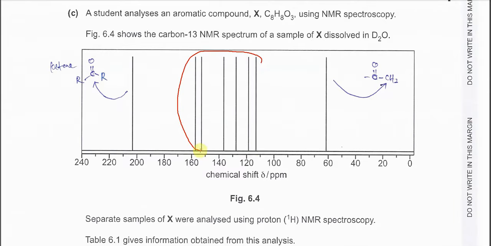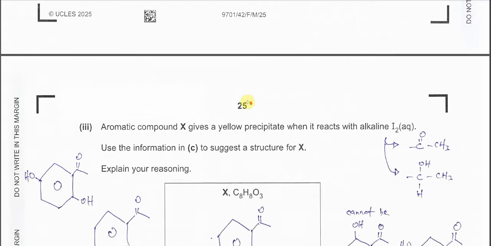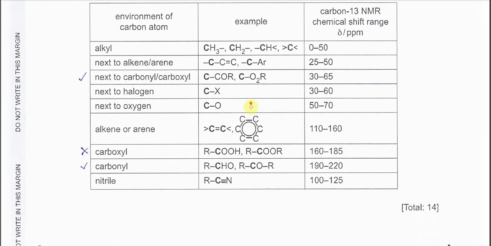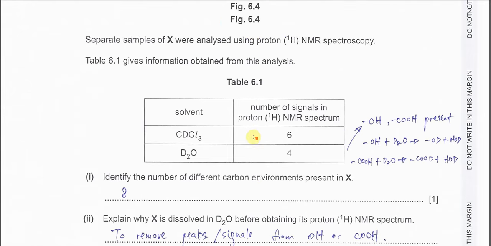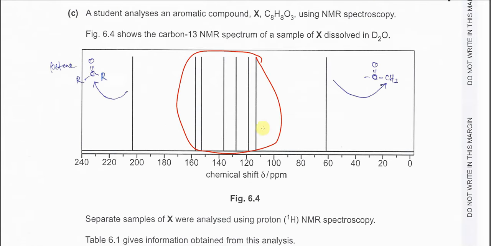So all these signals here are actually for the benzene carbons. If you check the table, you know the range. When the chemical shift is from 110 to 160, it is possible to be the carbon in the benzene ring. So from this carbon NMR, it is most likely telling us these 6 carbons might be the carbons in the benzene ring.